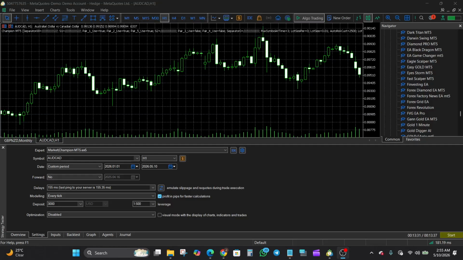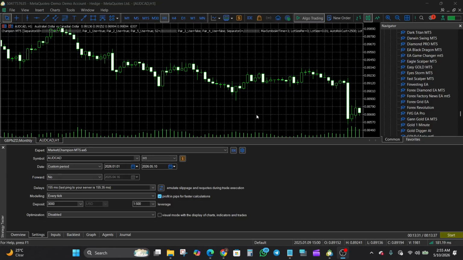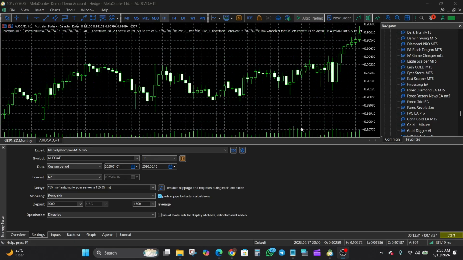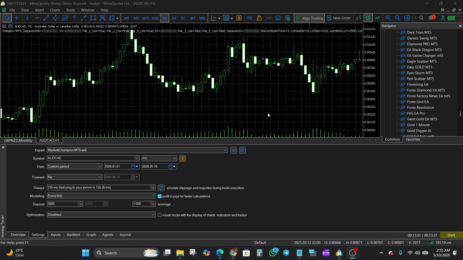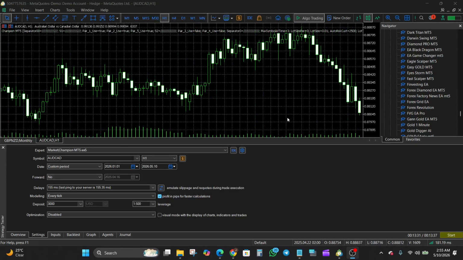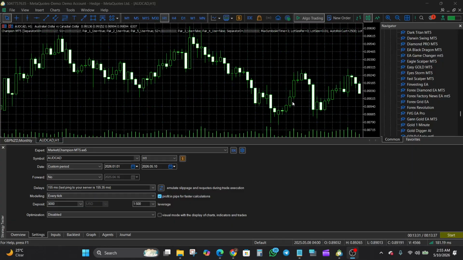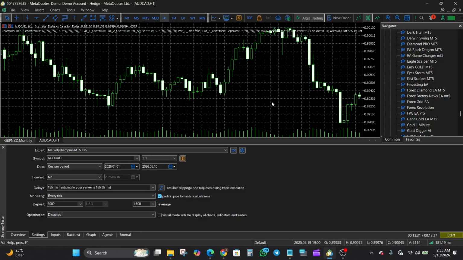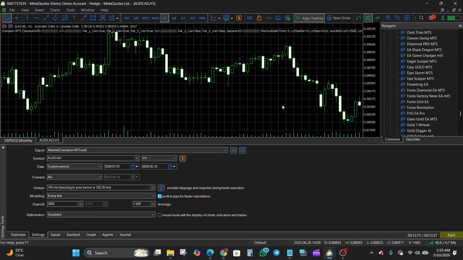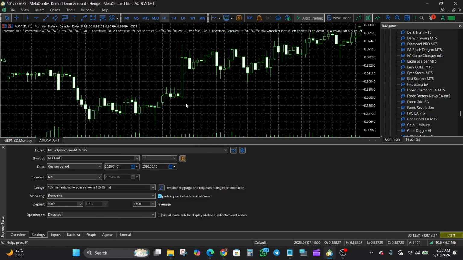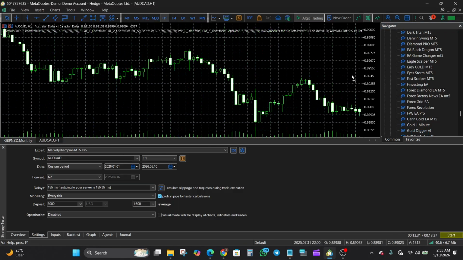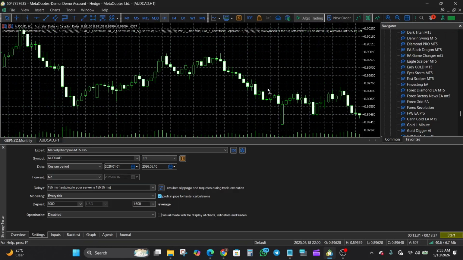So the results are out, and going through the chart, let us first of all look for a place where a trade was executed, at least one trade, so that we can see how what we saw on the MQL5 marketplace was being implemented.